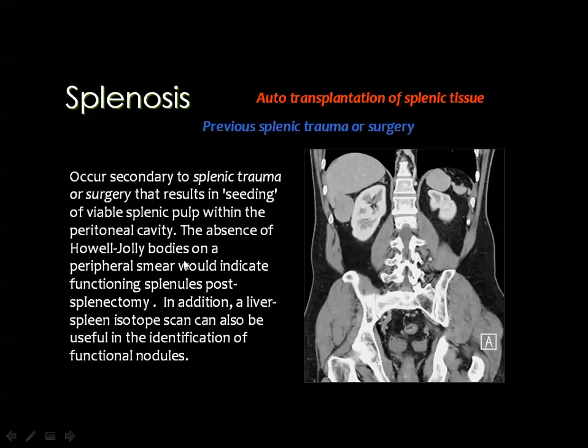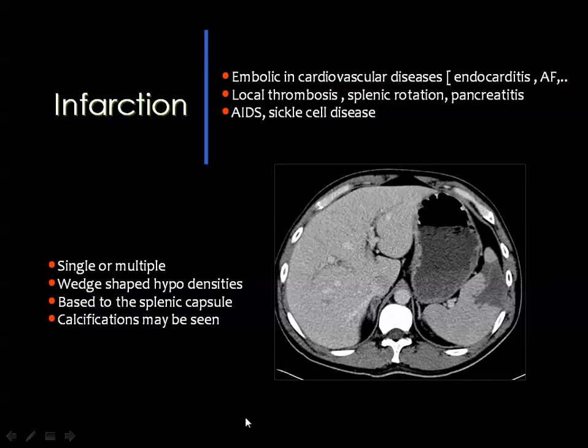And this is the case, and this is known as splenosis, and this diagnosis cannot be obtained unless you know that there is a previous history of splenic trauma or surgery. Then you see this shadow and this one and this one and these two lesions. They represent multiple spleens in the abdomen and pelvis in a case of splenosis after splenectomy.